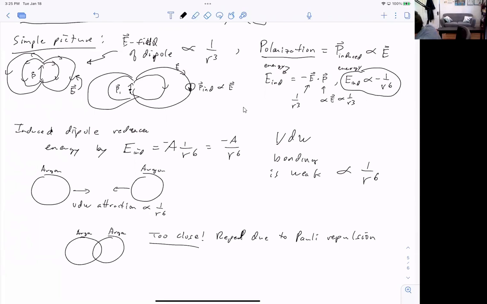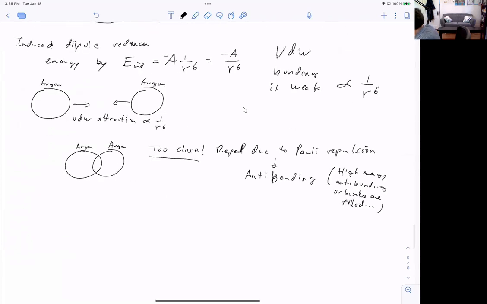Or you can think of it as an anti-bonding interaction, because now I'm forming bonding states due to quantum mechanics, and the electrons are pouring into these orbitals, but they're going into very high energy anti-bonding orbitals that are being filled. Either way you think about it, it's okay. The point is that you're getting repulsion.